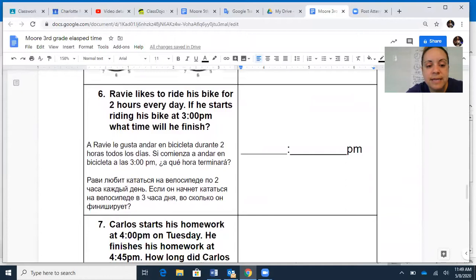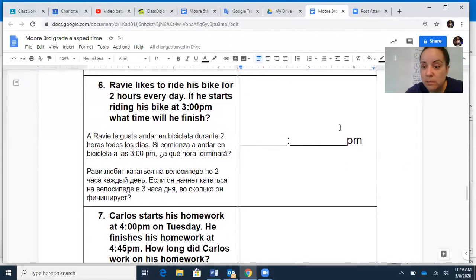Okay. Now we have 2 word problems, just like how we had over here. The first one says, Ravi likes to ride his bike for 2 hours every day. If he starts riding his bike at 3 p.m., what time will he finish? Well, that means that I need to write a time.